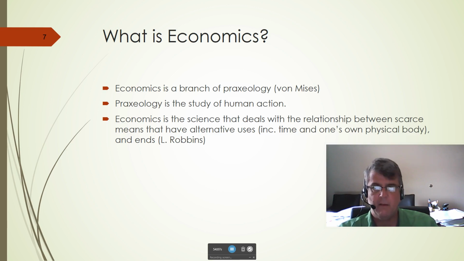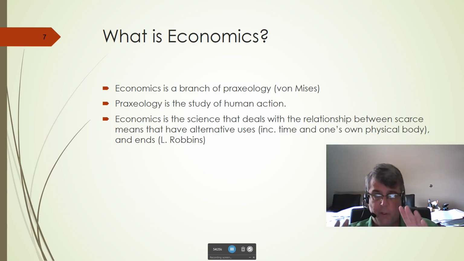Now, what this says here is that as economists, we deal with what we call means and ends relationships. Means are the things that you use to accomplish your goal.